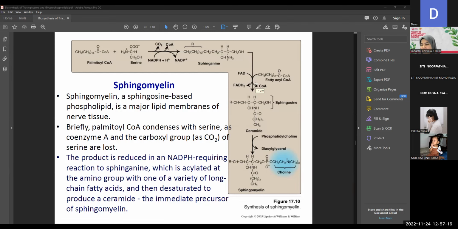But this is the simplified version. You can use either way. If you refer to other textbooks, it is not wrong, if you want to elaborate more on the reactions in the synthesis of sphingomyelin.